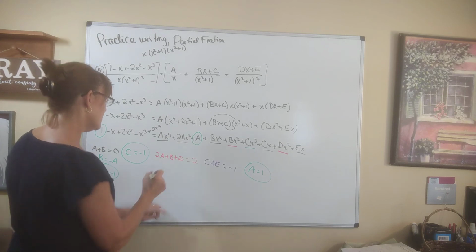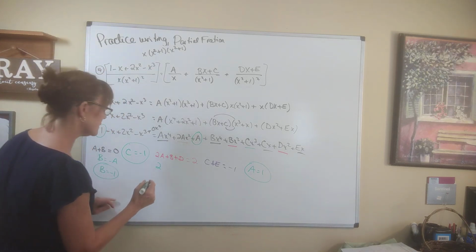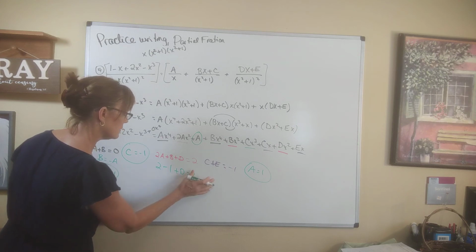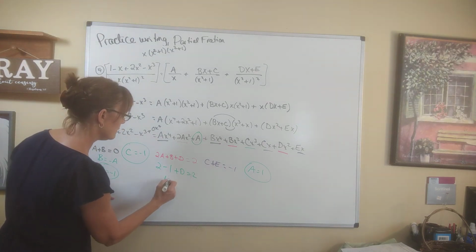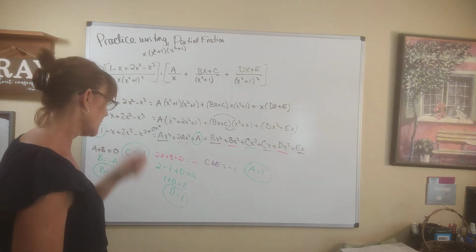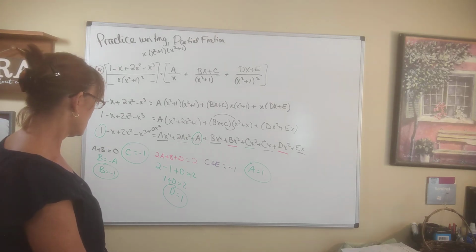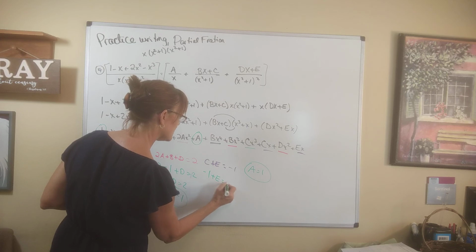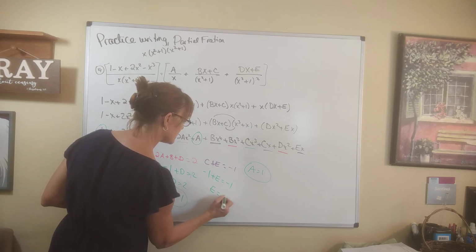a is 1. 2 times 1 is 2. b is negative 1, minus 1 plus d is 2. So that's a 1 plus d is 2. d is 2 minus 1 or 1. There's d. All right. Oh, c is negative 1. Okay, so negative 1 plus e is negative 1. e is going to be 0.